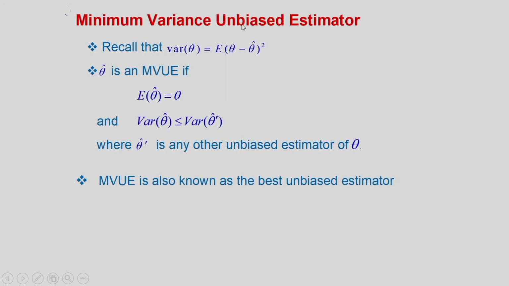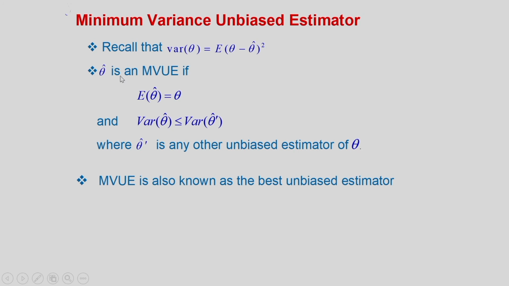Minimum variance unbiased estimator, that is MVUE. Recall that the variance of theta hat, we define it as E of theta minus theta hat whole square. We can write it as theta hat minus theta, but it does not matter. In both ways we can write.